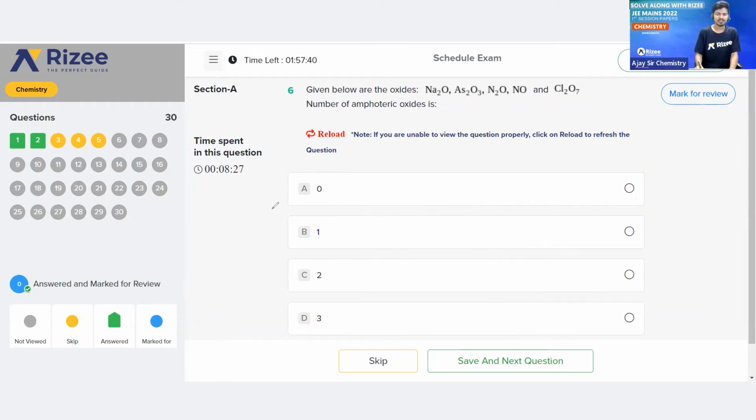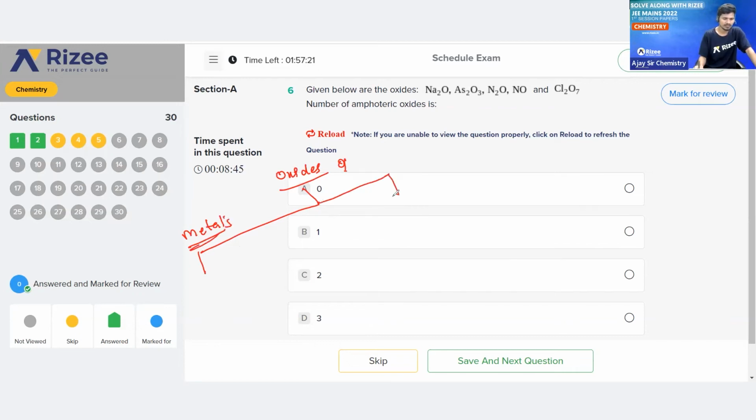Okay, see here, let me talk about basic oxides, very important. For basic oxides you can remember very easily. Oxides of metals and oxides of non-metals.